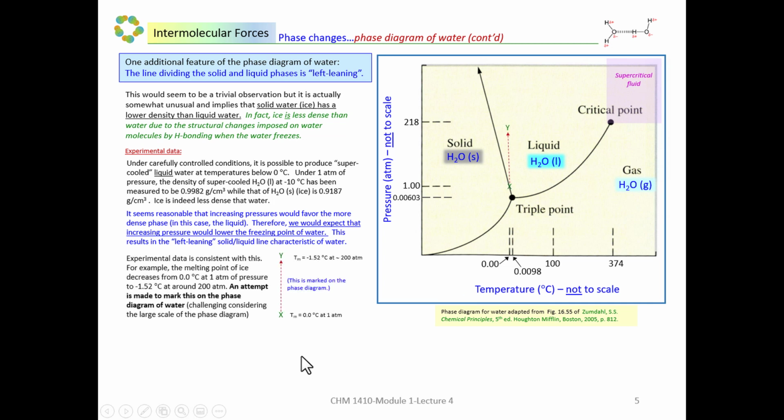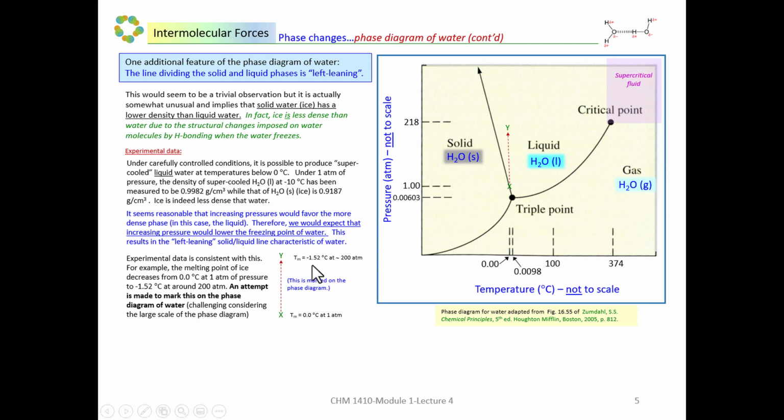The experimental data is not quite as dramatic as what this diagram makes it look. If you go from a pressure of 1 atmosphere, where the melting point is 0, and you increase the pressure to a very high 200 atmospheres, which would be just under this 218 here, it turns out that the melting point of ice does drop, not by a lot.